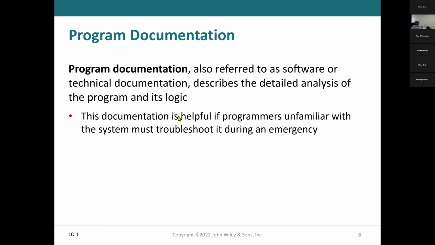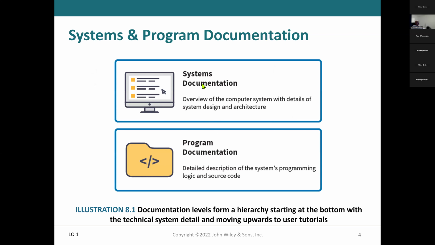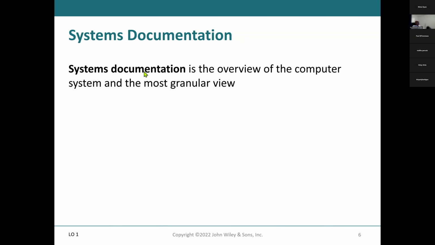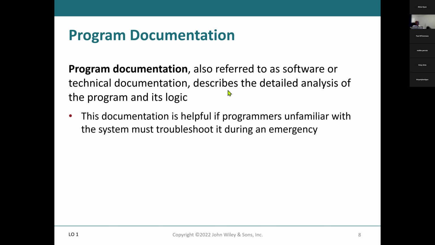So at the next level, again, we are going through the four levels: top level, system documentation, then program documentation, then we'll discuss operator and user. So after system documentation, we have program documentation. In program documentation, we are going one step further, one step down.